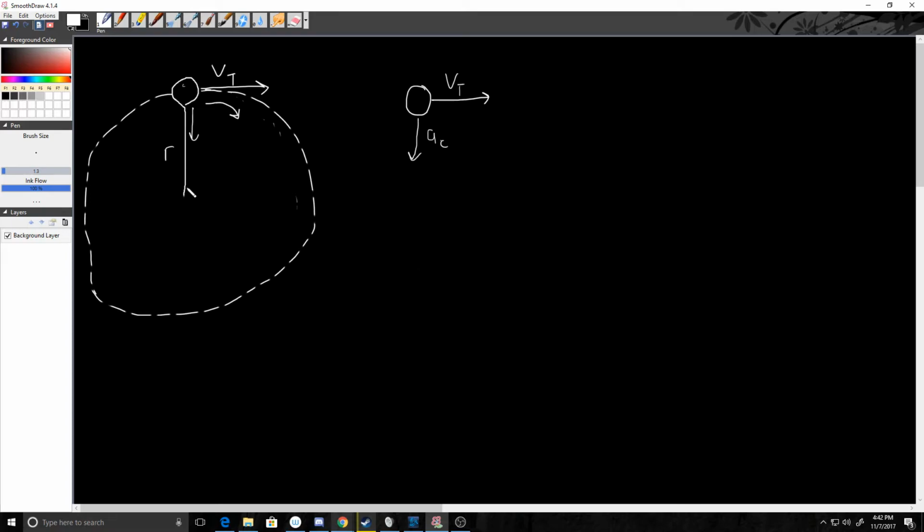And it's at some distance r from the middle. The way that we're going to find centripetal acceleration is that it's really going to be equal to the tangential velocity squared divided by the radius it's moving in.